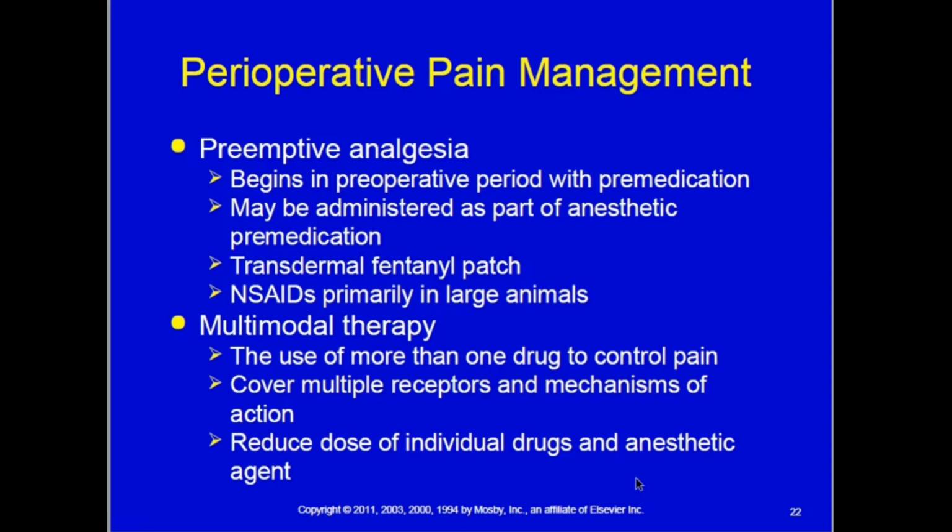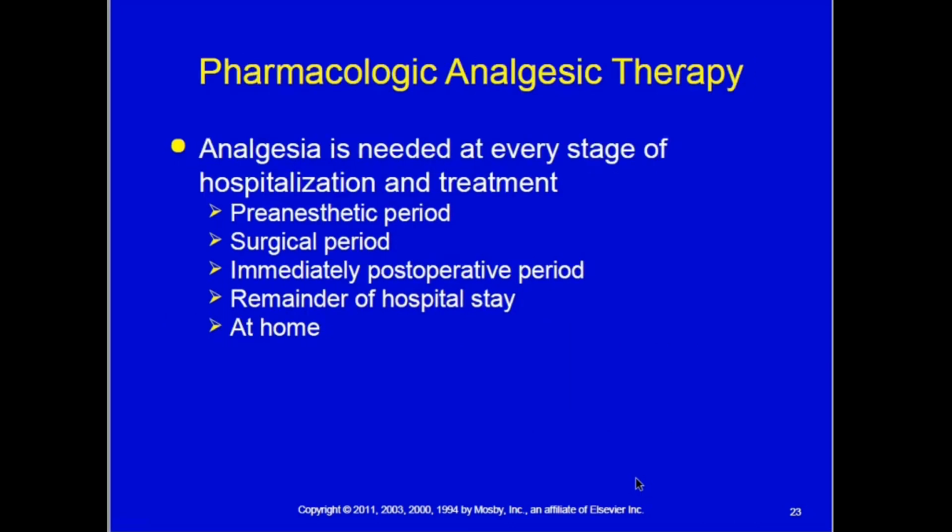And multimodal therapy, I have explained what multimodal therapy is: the use of more than one drug to control pain, covering multiple receptors and mechanisms of action, with a reduced dose of individual drug and anesthetic agent. Basically, we are using multimodal therapy in our day-to-day practice. If a patient is having pain, he or she needs analgesia at every stage of hospitalization and treatment.